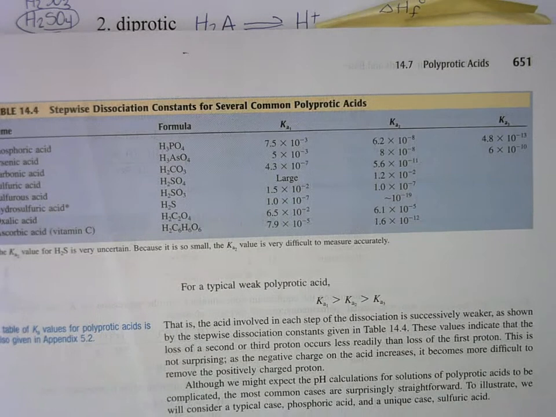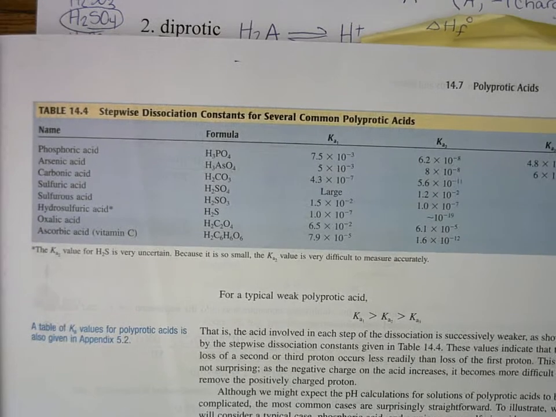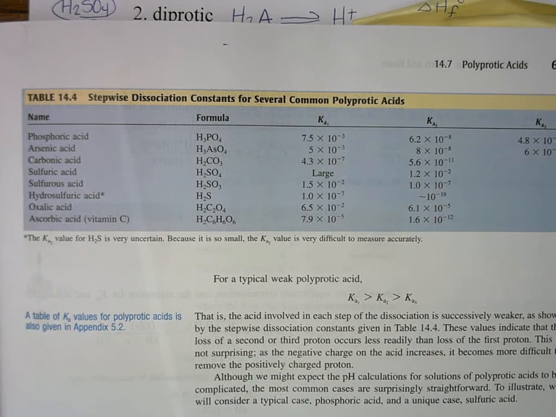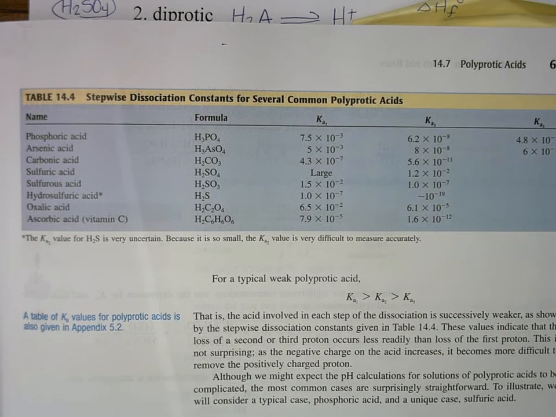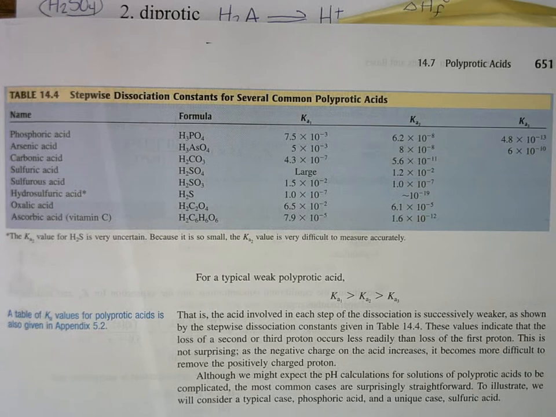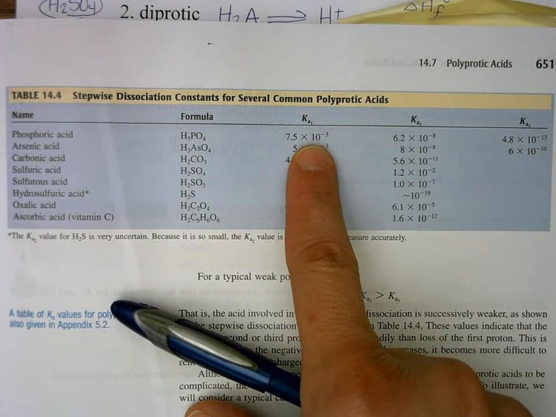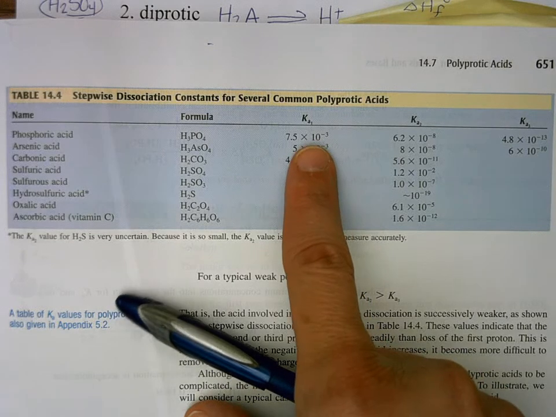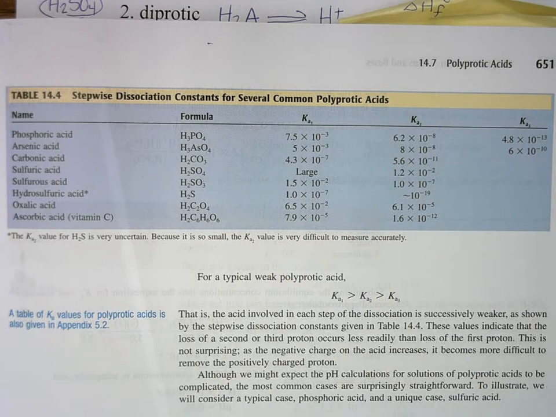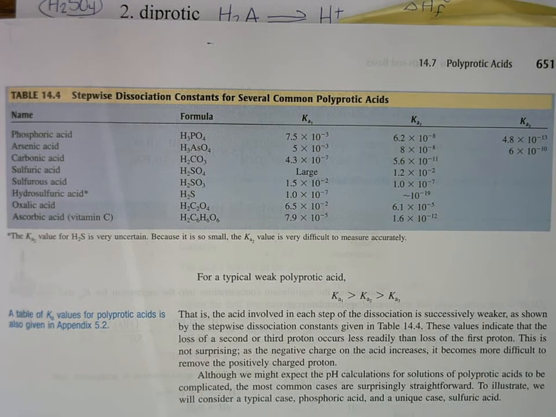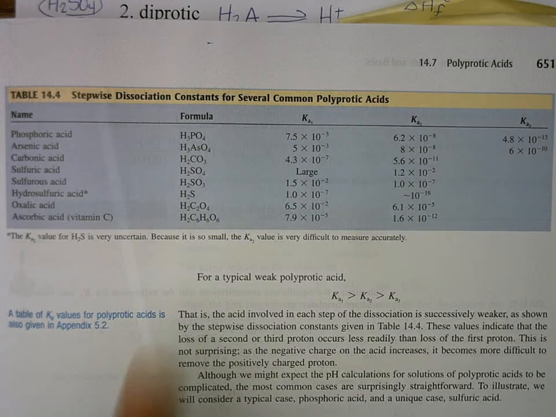There's a chart in your book on page 651 that shows these different common polyprotic acids and the different Ka values. So you'll see for phosphoric acid having 3 steps, this is the Ka value. It's the dissociation constant for the first step of dissociation, when the first hydrogen comes away from the phosphoric acid.